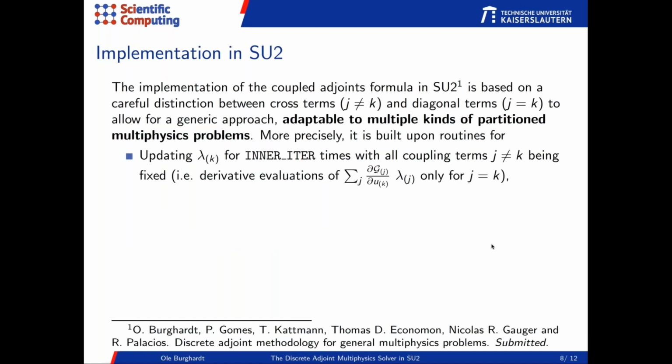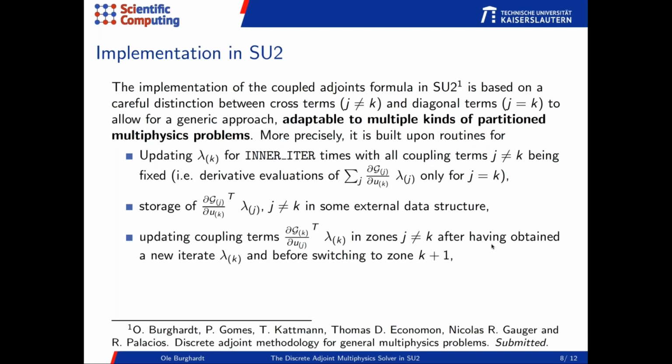Right. Our implementation of the discrete adjoint multiphysics solver is pretty much just based on that formula, and it's foremost based on a careful distinction between cross terms.